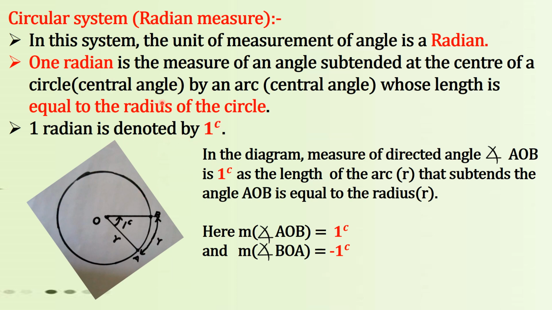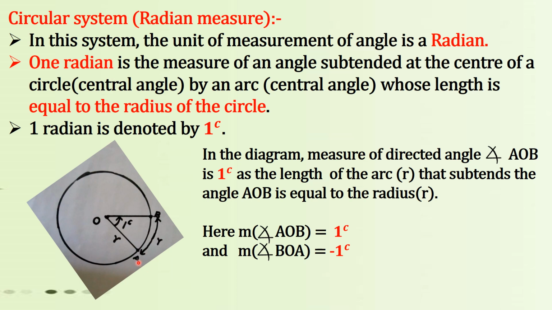This central angle you have already learned in smaller classes, that is, any arc can subtend an angle at the center. And here the arc length should be equal to the radius, then we call the measure of the angle formed 1 radian. In the diagram you can see the measure of the directed angle AOB. Direction is considered here.